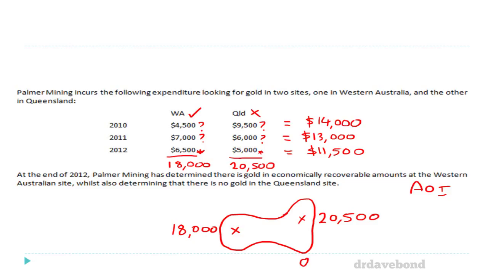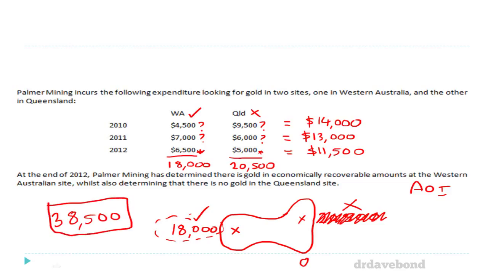So if you're capitalizing, and in this case WA is successful and Queensland isn't, you keep this 18,000 and you get rid of that one. So even though you've spent 38,500, only 18,000, if you capitalize to begin with, actually keeps rolling on. In the areas where things have failed, you get rid of it.